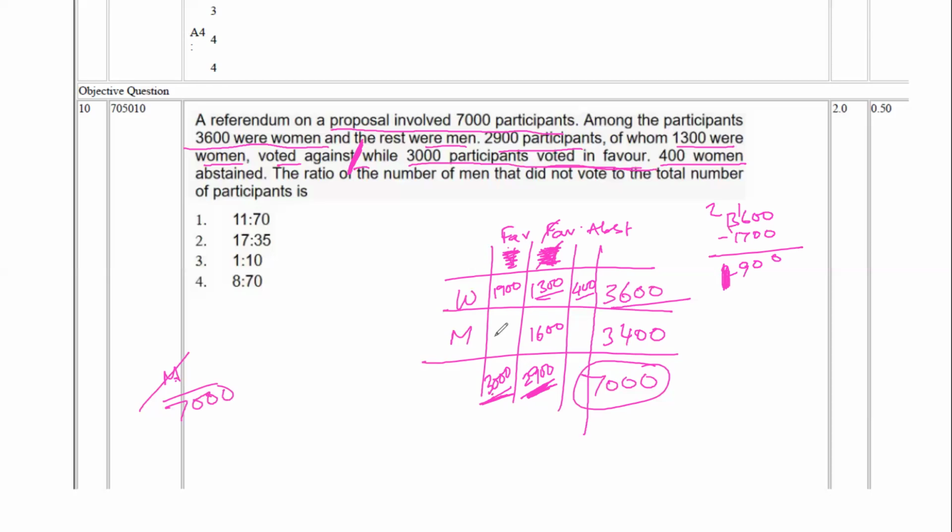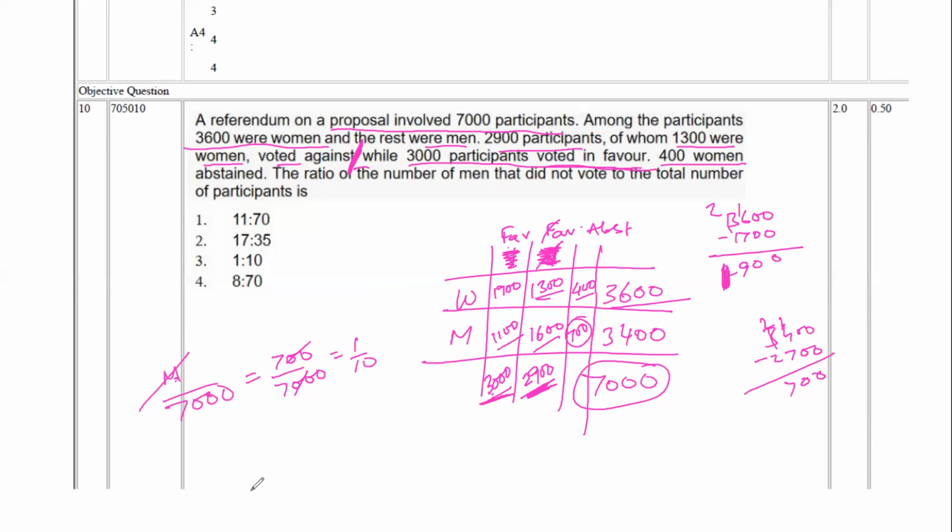Now this is 3,000, so this is 1,100. 1,100 and 1,600 is 2,700. So 3,400 minus 2,700 is 700. So clearly 700 abstained, and 700 upon 7,000 is 1/10.